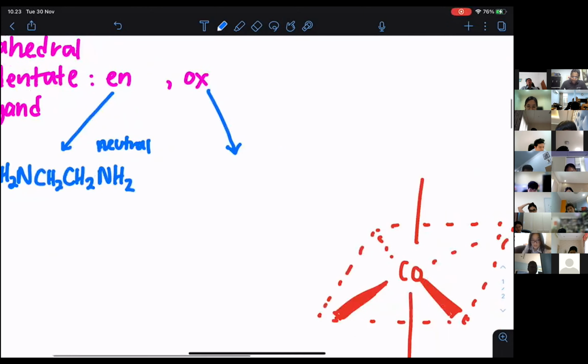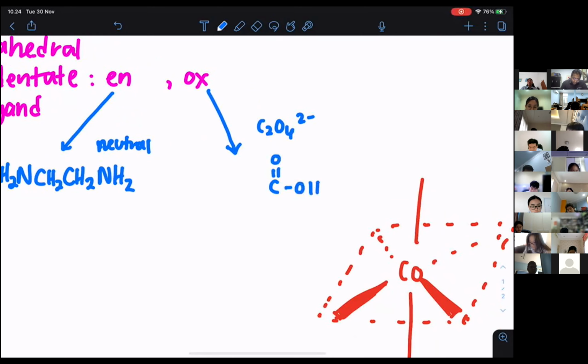But this one is going to be C2O4 2 minus, but I don't want you to memorize C2O4 2 minus. I want you to remember something like methanoic acid. This one, C double bond O, OH, is methanoic acid, looks like this. And remember yesterday I told you ethane dioic acid, this one. Now imagine if it is an acid, the H plus will be gone.